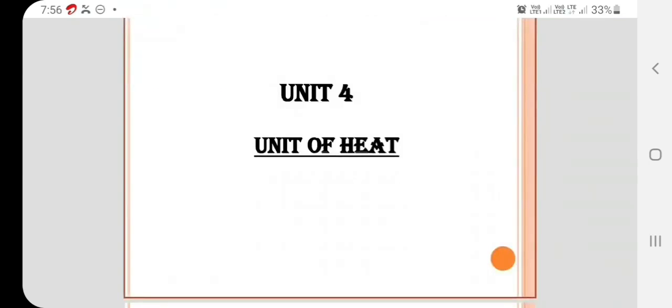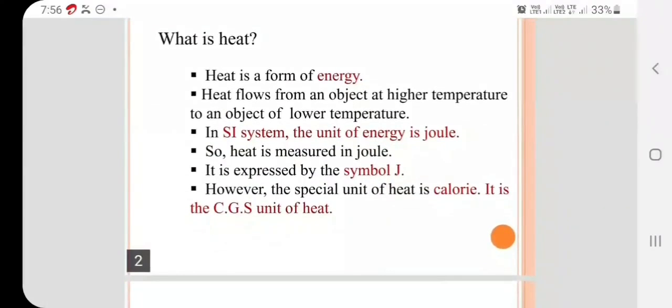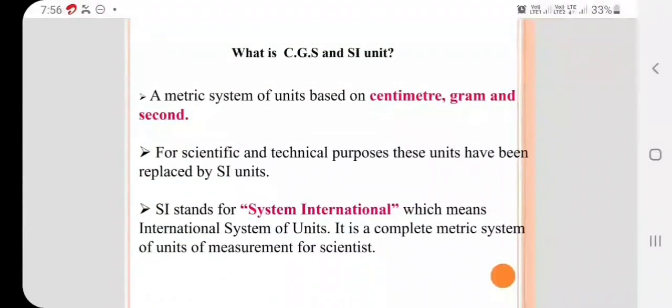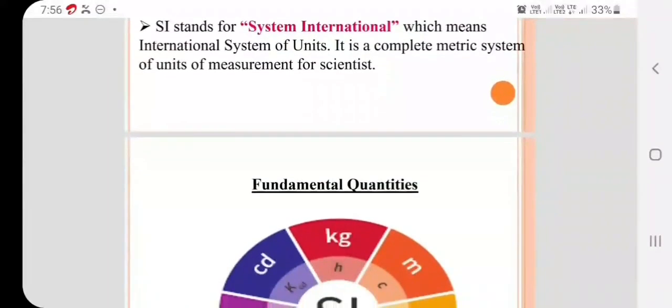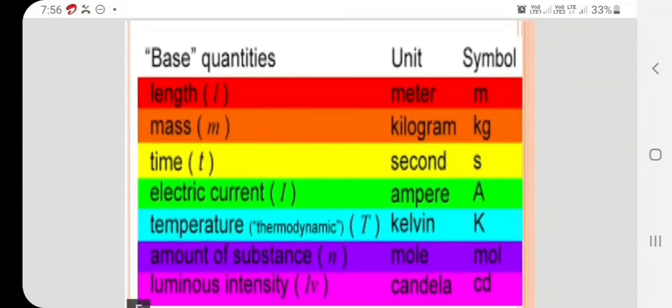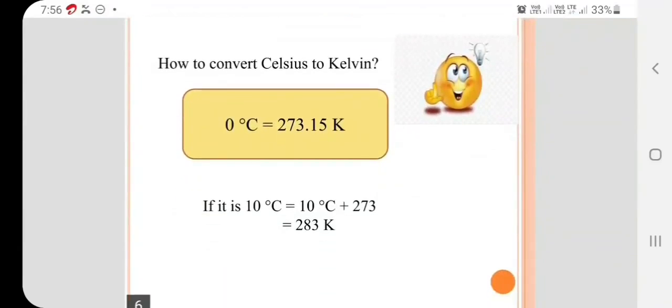Next, in this unit of heat, we have seen what is heat. Heat is a form of energy. So the SI unit of heat energy is joule. Its symbol is capital J, and the CGS unit of heat is calorie. We have seen the difference between CGS and SI units, and we have seen some fundamental quantities, their units and their symbols.